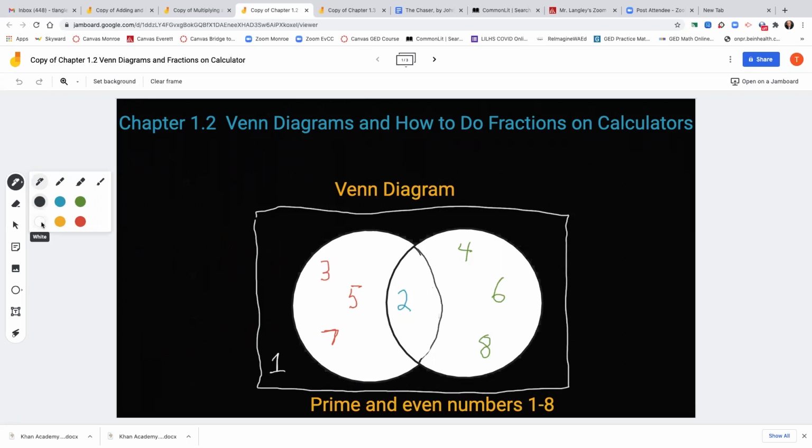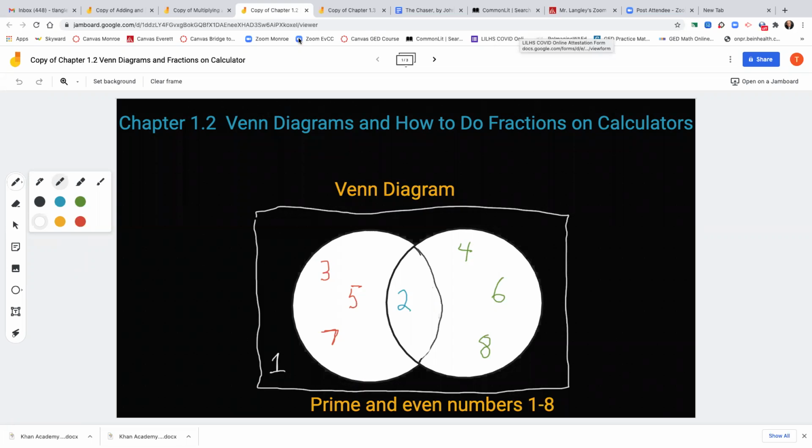I'd like you to go ahead and copy this down, and I will pause here and stall for you. Chapter 1.2, Venn diagrams and how to do fractions on calculators. That's the first thing we're going to learn. And after this one, we'll learn how to put things on a graph.